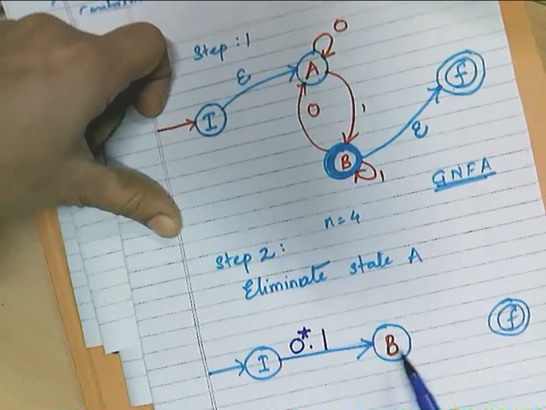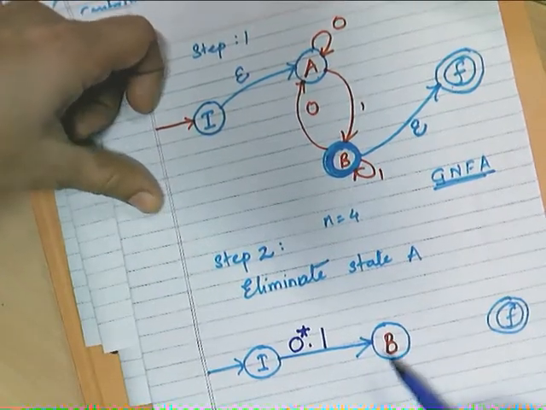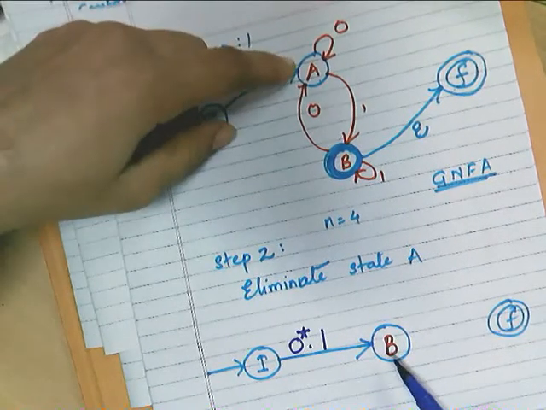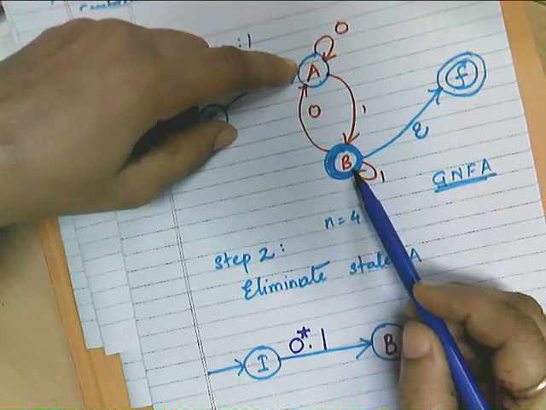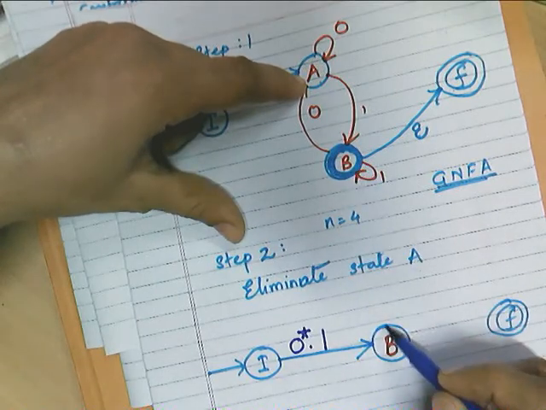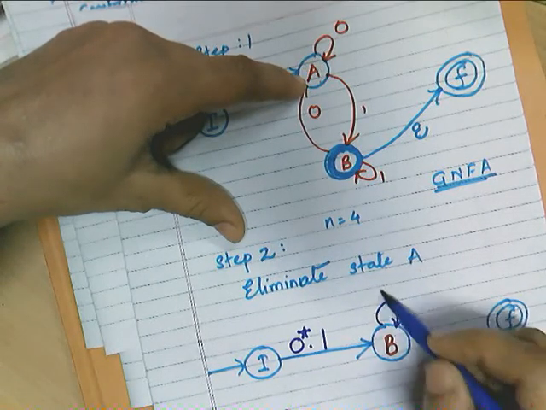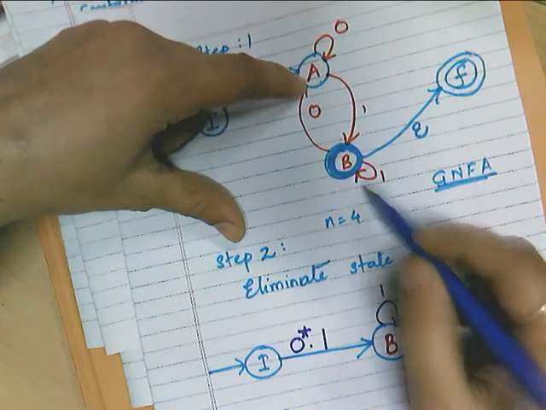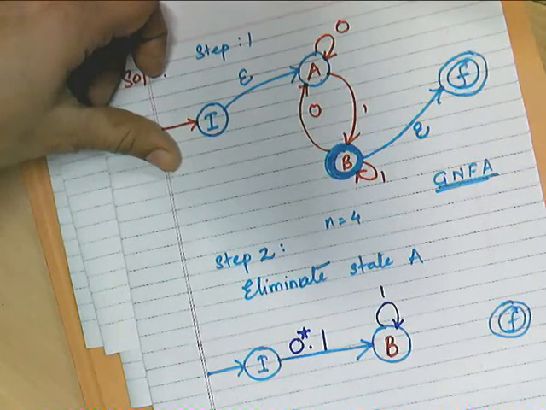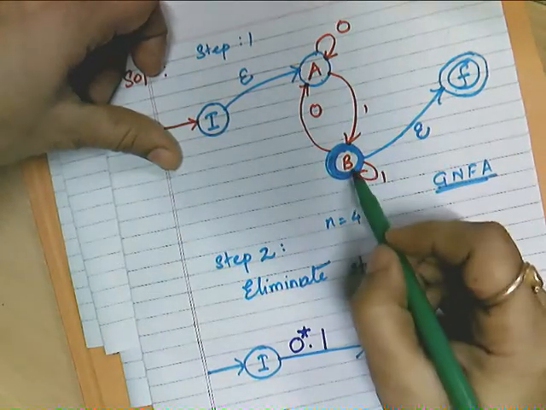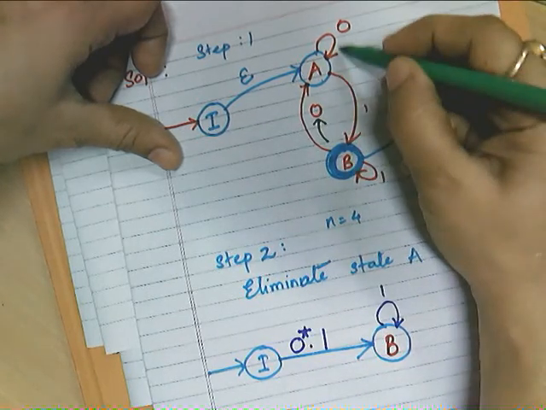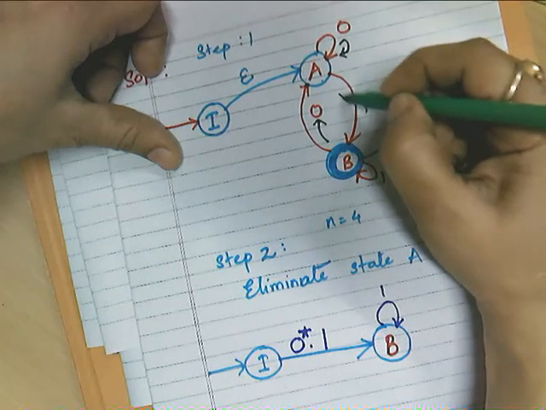Now is there any more way to reach B from A? Yes, I can reach B via A. How? One way to reach from B to B is the one which is already there, I am just copying this. What is the other way? I can reach this B with the loop, see, 1, 2 and this 3.